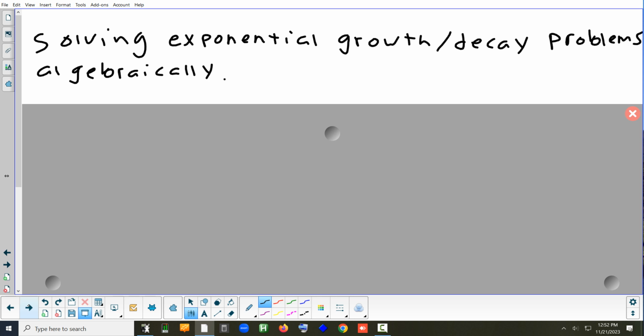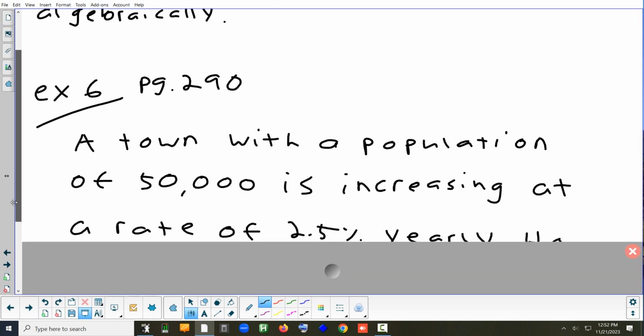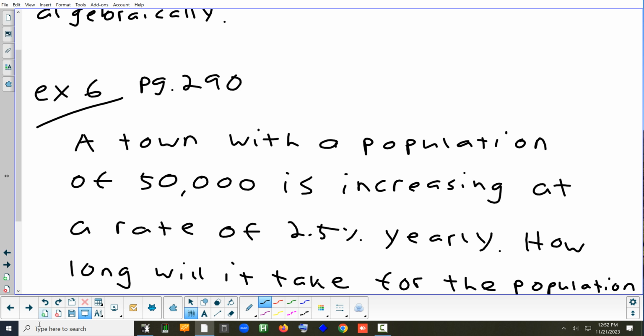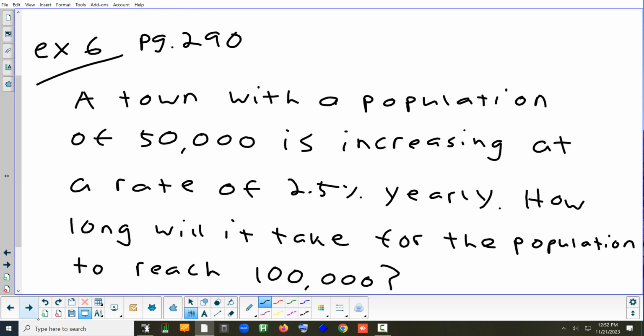All right, now the next thing, we're going to solve a problem that we've already done before, the exact problem, same numbers, except when we did it before, we did it using the graphing calculator. Now we're going to do it algebraically. So it's the population problem, where we started with 50,000 people. It goes up 2.5% every year, and they want to know how long before we hit 100,000 people.